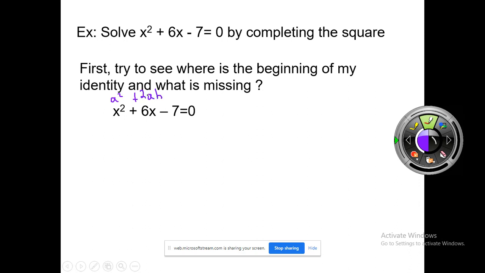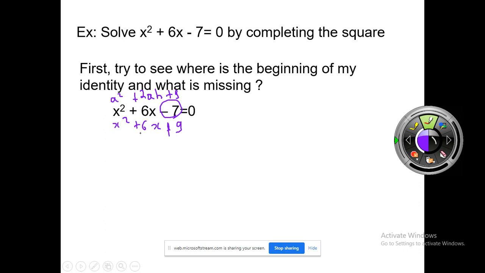If I do 6 over 2, that's 3, so if I had 9 here instead of minus 7, it would work. It's x squared plus 6x plus 9, an identity. But I don't have it.